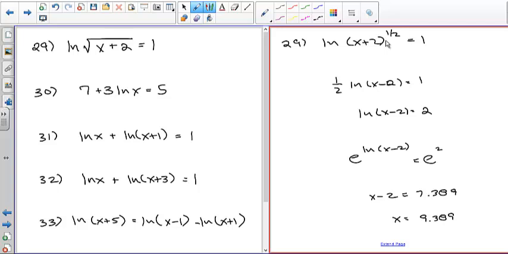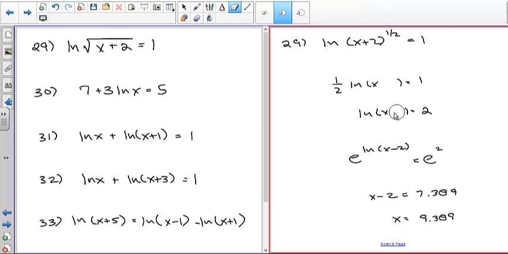Okay, I'm not getting 1, so let's go back and check it again. So bring that out. Multiply both sides by 2. e to the natural log of that is e squared. And add 2 to both sides. Oh, I see what happened. I copied this wrong here. This is plus 2.